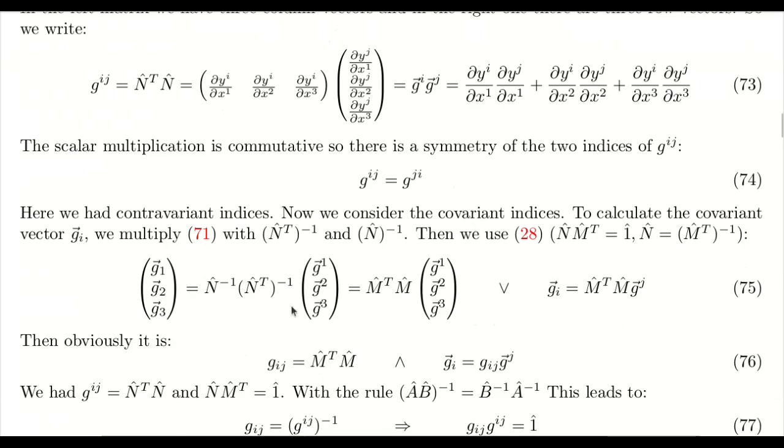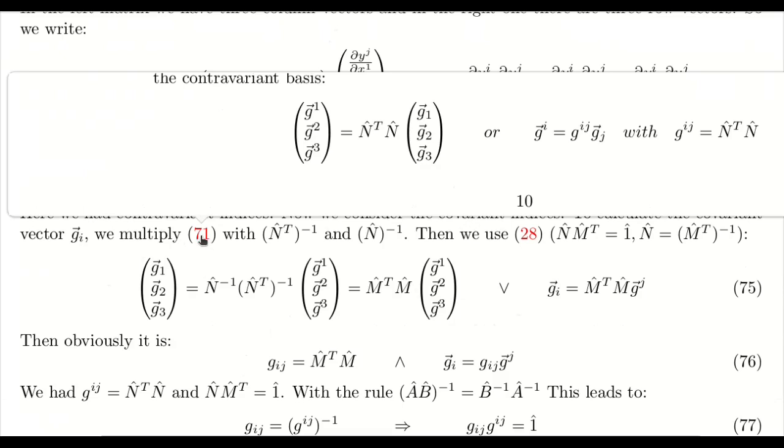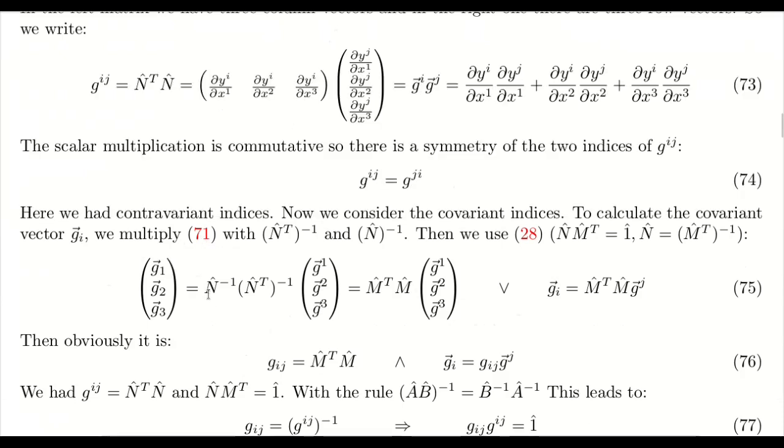Now we consider the covariant indices, the covariant G tensor or matrix. To calculate the covariant vector, we multiply here with the inverse matrices, meaning n transposed inverse and n inverse. So we get this equation here.